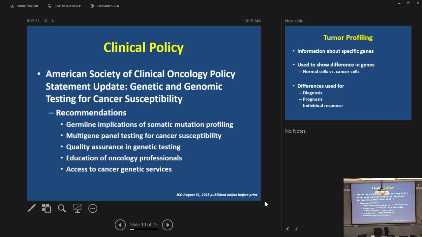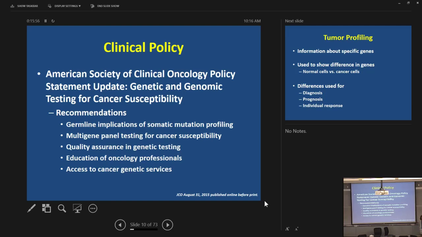Say we have a lung cancer patient, we go out and do genetic testing for looking for somatic mutations, and a germline mutation pops up. So what do you do with that? You're not looking for that germline mutation. That germline mutation may have nothing to do with your cancer.